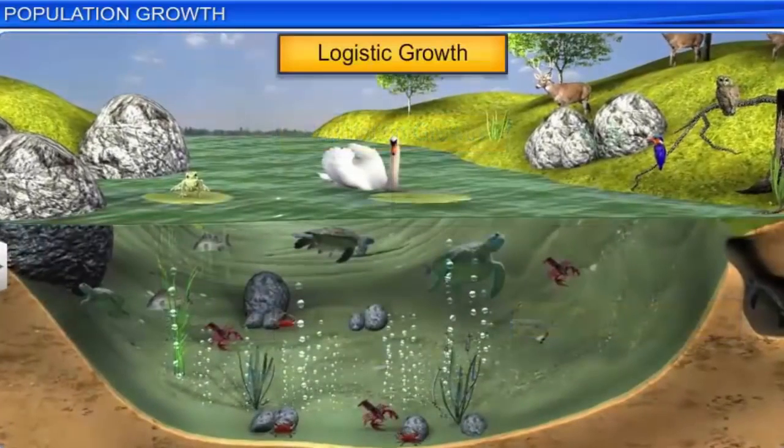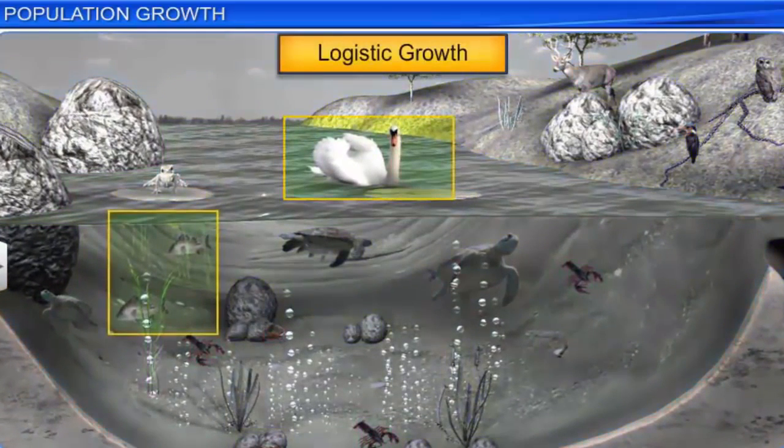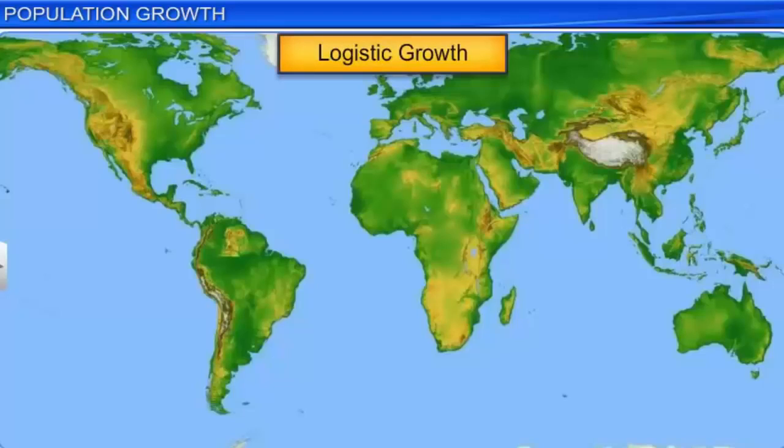There is always competition between individuals for limited resources, and finally, the fittest individuals survive and reproduce. Keeping this fact in mind, the governments of many countries have introduced various restraints to limit human population growth.